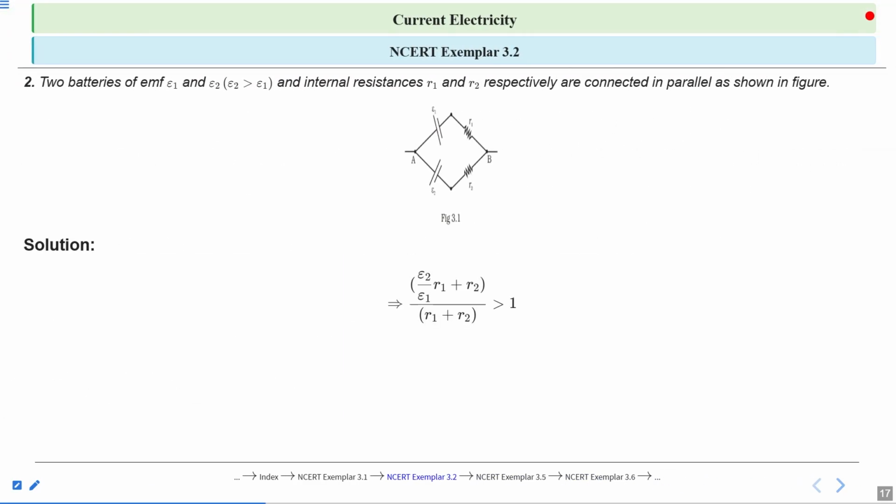So since the numerator in this term is greater than R1 plus R2, their ratio will be greater than 1. So from equation 2, we can write epsilon equivalent greater than epsilon 1.